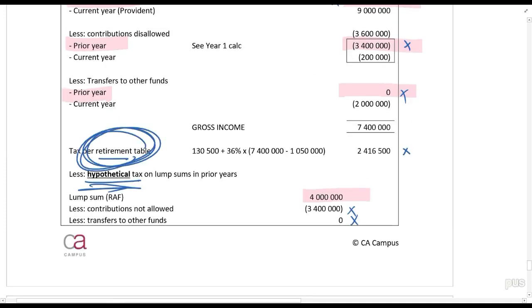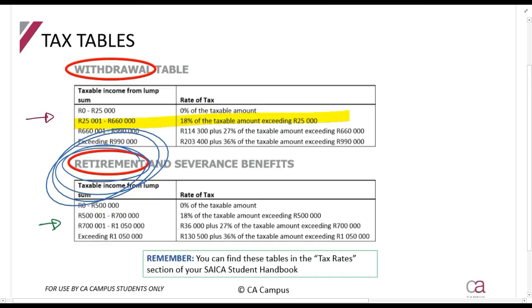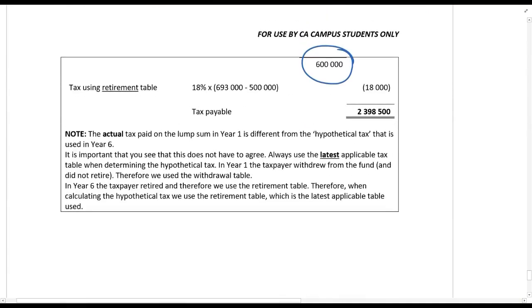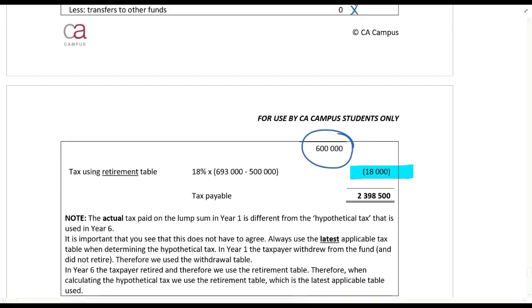Now you say, the hypothetical tax on 600,000 rands using the same table that I used above. What table did I use there? The retirement table. So you use the same table to say, what is the tax then on 600,000 rands? Right. And just to show you, that calculates 18,000 rands. Now, guys, make sure that you see, and this is what you need to compare to the previous example.